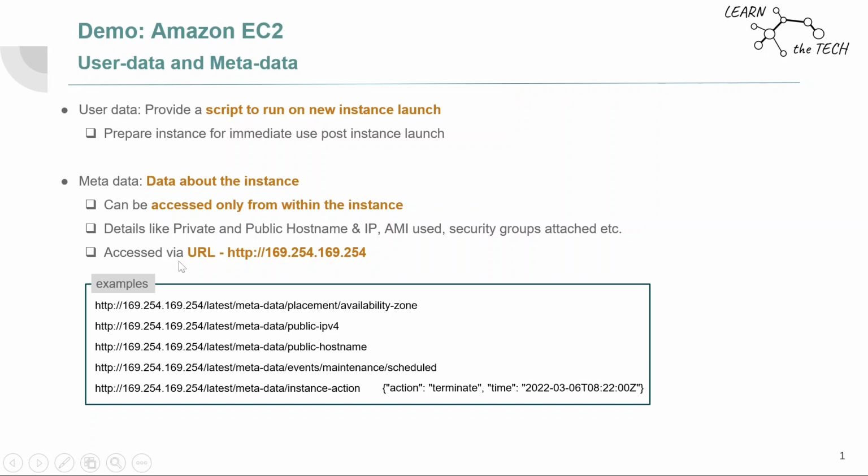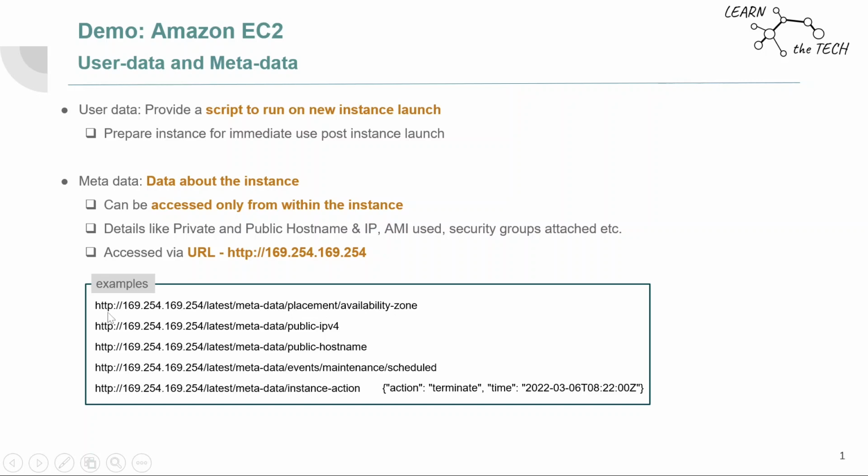To access it, you can use this URL, http://, and this IP address is important, 169.254.169.254. Here are some examples of what kind of information you can access as part of the metadata.